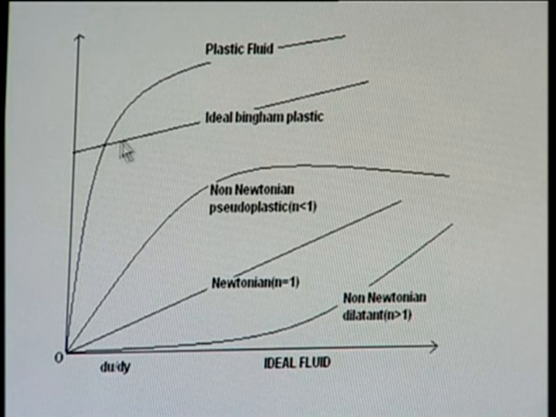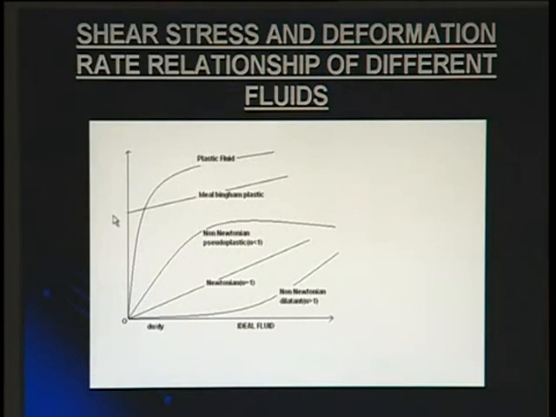Now, we may have some kind of plastics which follow this path. Up to this point, these types of plastic behave as solid, and after that they start behaving like a fluid. So, this is ideal Bingham plastic, and then we have a plastic where we have this kind of variation for tau and du over dy.